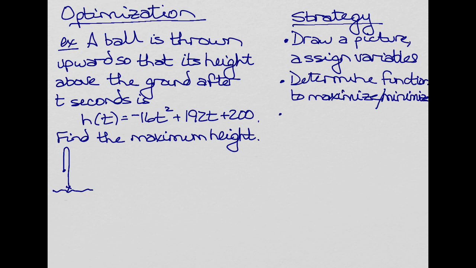Next, we get one variable to work with. So if the function that you come up with has more than one variable in it, we're going to need to make some substitutions so that we have the function in terms of one variable only.